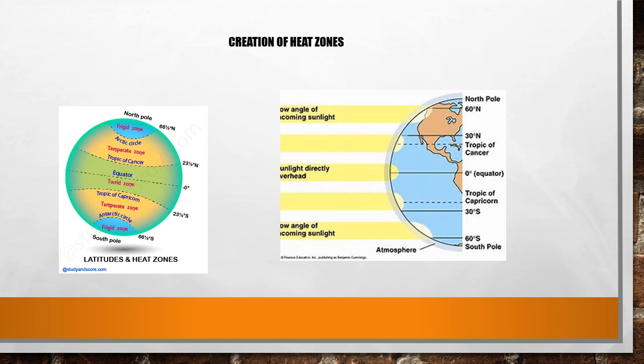The rays of the Sun are slanting, which means that they spread over a larger area. The slanting rays obviously have a lesser heating capacity as compared to the vertical rays. The vertical rays are focused, they are concentrated over a smaller area, so their heating capacity is more than the slanting rays which spread over a large area.